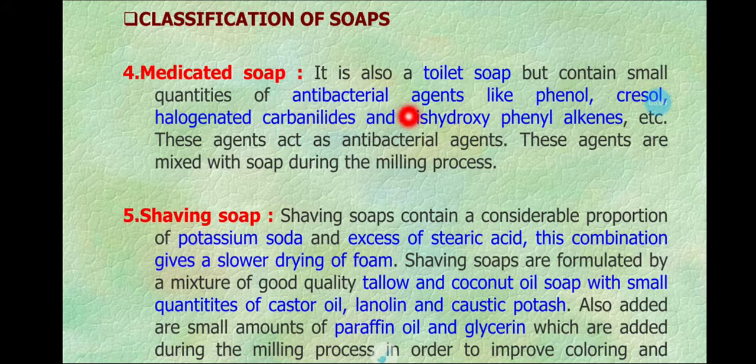These chemicals act as antibacterial or antifungal agents. These additives are added to toilet soap, so we get medicated soap. These agents are mixed with the soap during the manufacturing or milling process.